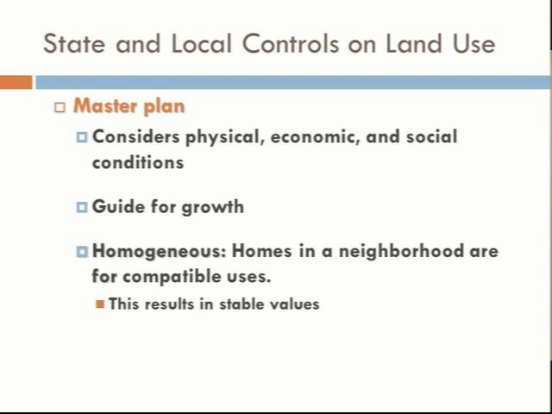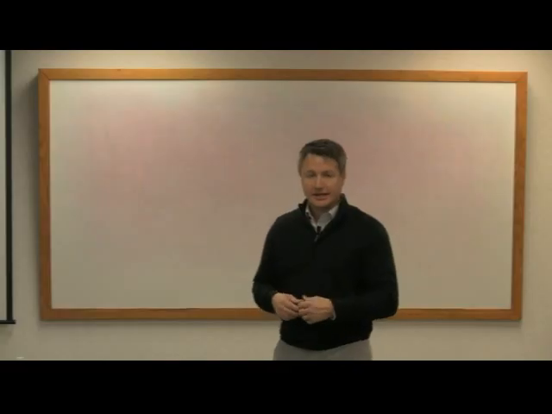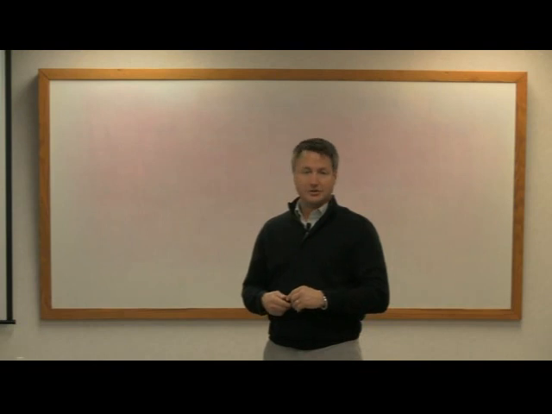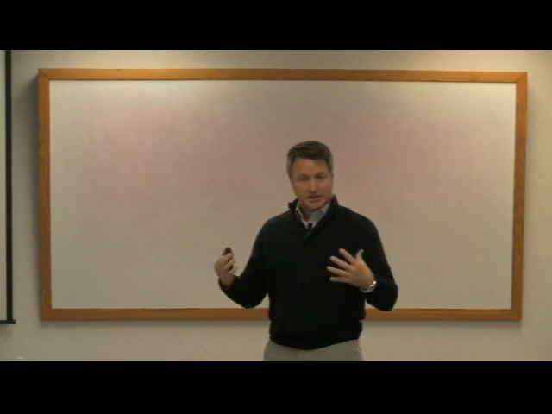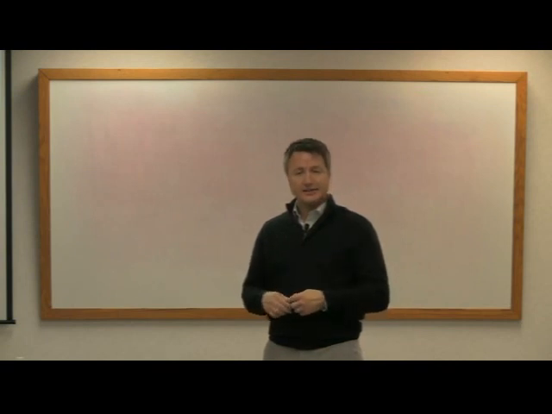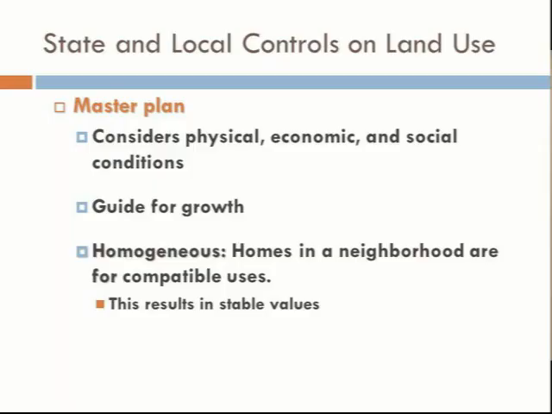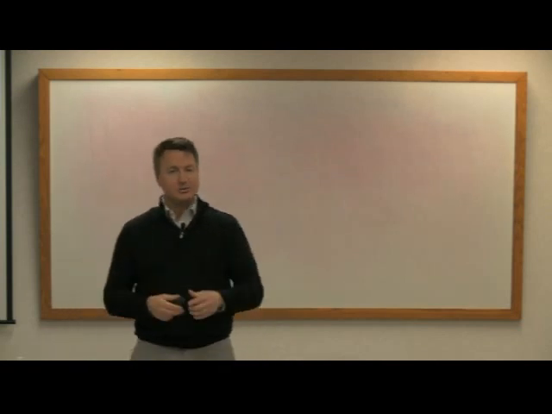The master plan for the city is what's going to consider the growth or growth pattern, taking into consideration the social and economic factors of the city. It's really its guide for growth. One thing that the master plan wants to keep in mind is homogeneity, where we have homes in neighborhoods that are compatible.